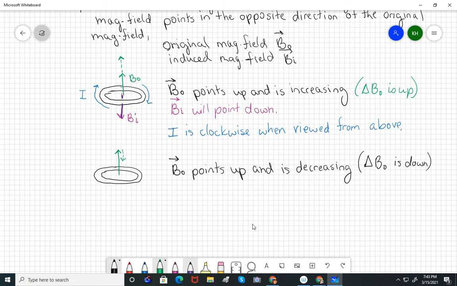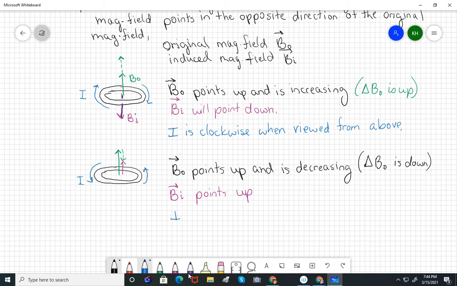If the change is down, then my induced field has to be up because my induced field is trying to maintain the status quo. So if the change is down, the induced field will be up. BI will therefore point up. If BI points up, that means my thumb has to point up. So I take my right hand, my thumb points up, and I can picture the current will come around like this.